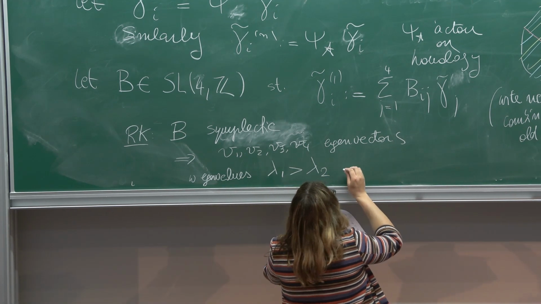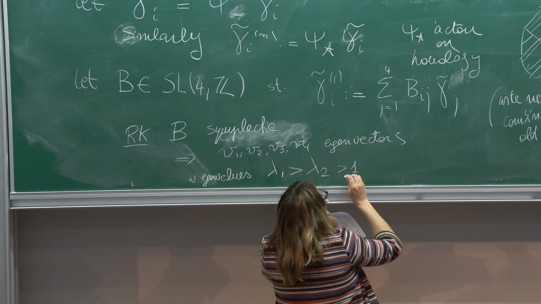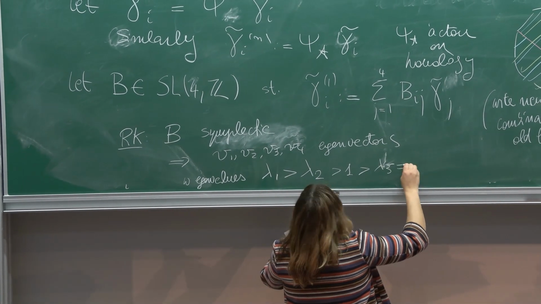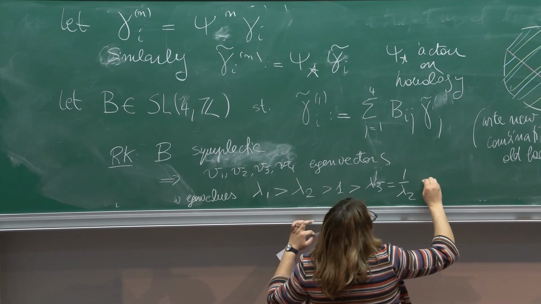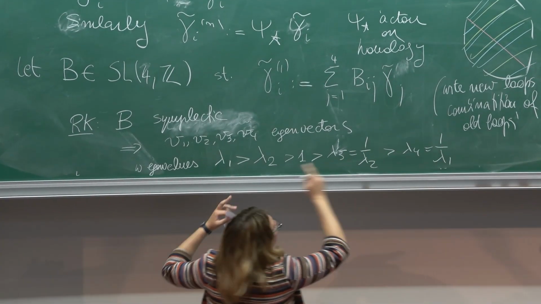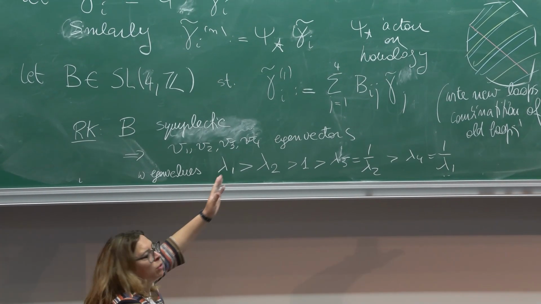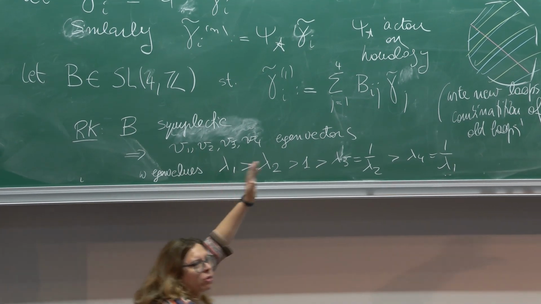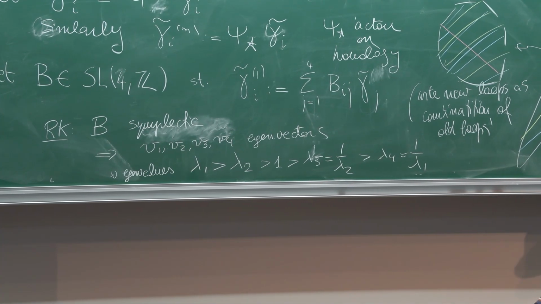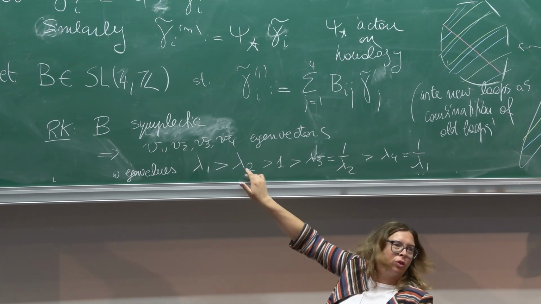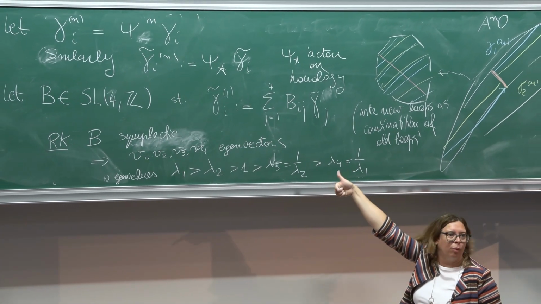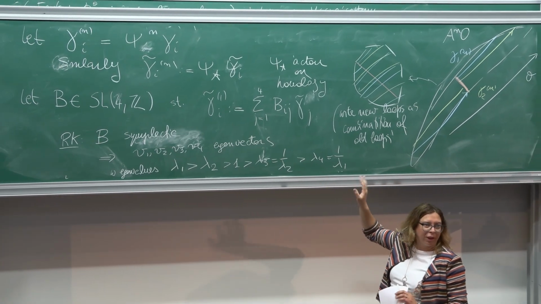Lambda 3 is 1 over lambda 2, and lambda 4 is 1 over lambda 1. So symplectic gives you that the eigenvalues come in pairs. Every time you have an eigenvalue, you have 1 over the same. So the top is simple, the bottom is simple, and you also have a lambda 2, which is between lambda 1 and 1, and then you have 1 over it. So it has 2 positive and 2 negative.